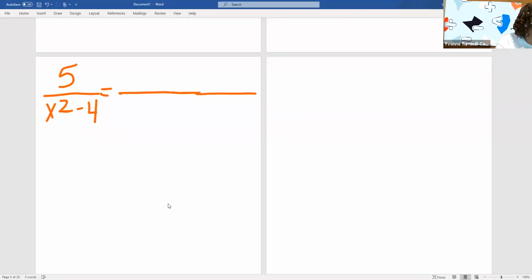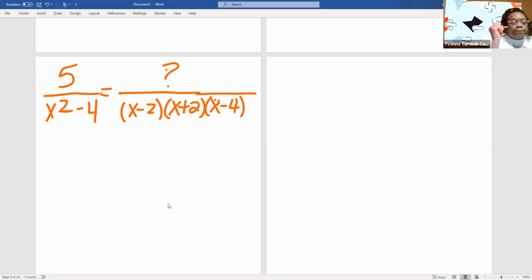Okay, we have here x minus 2, x plus 2, and x minus 4. That's the denominator that you're given, and you have to find an equivalent rational expression.